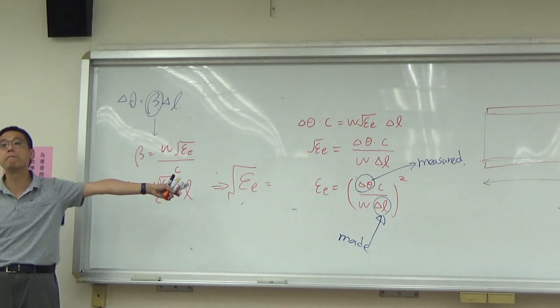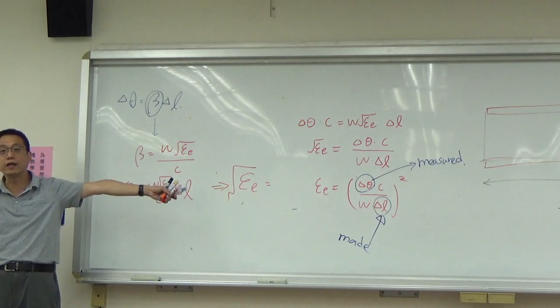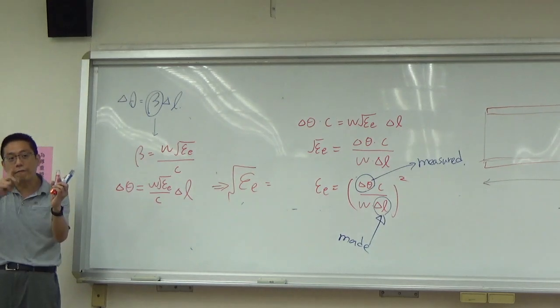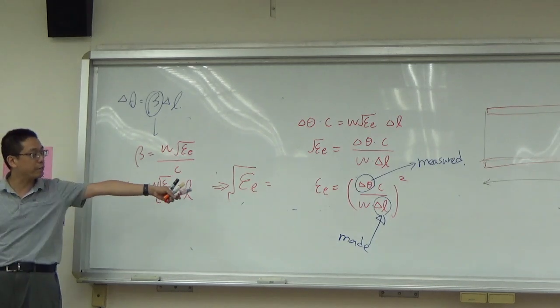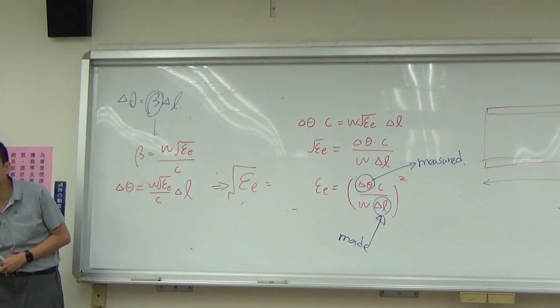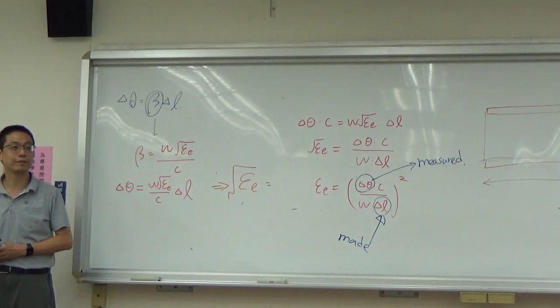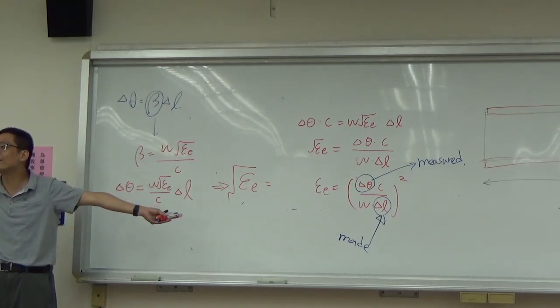This is about the measurement. What is epsilon E? I can measure the phase of two samples, put them in the equation, and I know epsilon E. Because you guys didn't move, this is how we measure epsilon E. Not so hard, right?